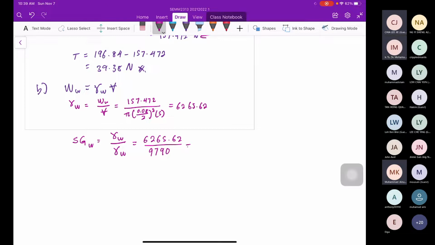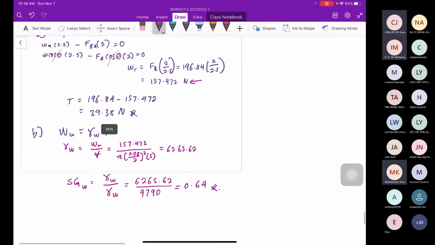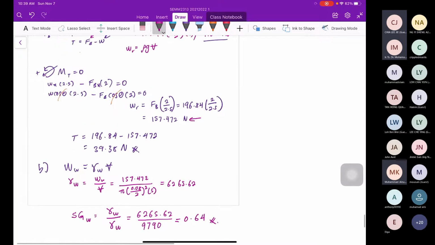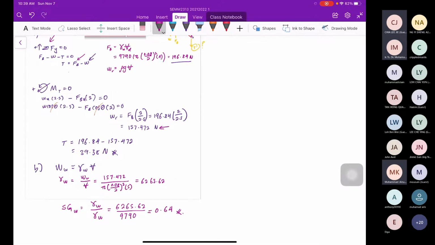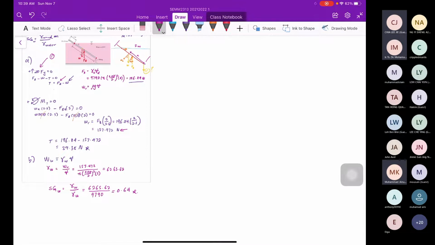You will get 0.64 answer. Okay, this is no unit. All right, so that is the final answer to get the specific gravity of the wood as well as the tension of the rod. Okay, any question so far?